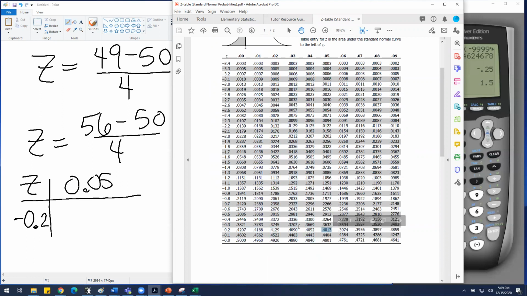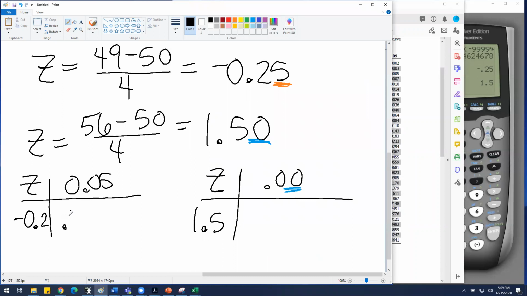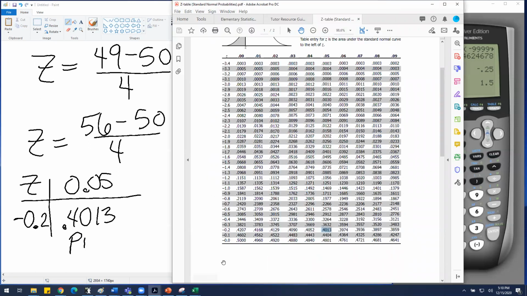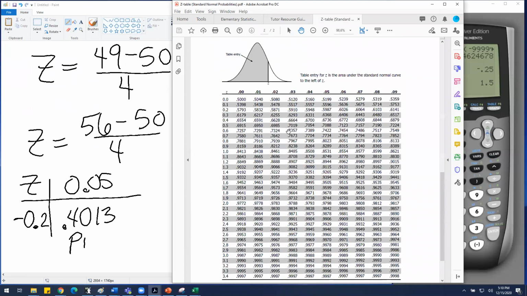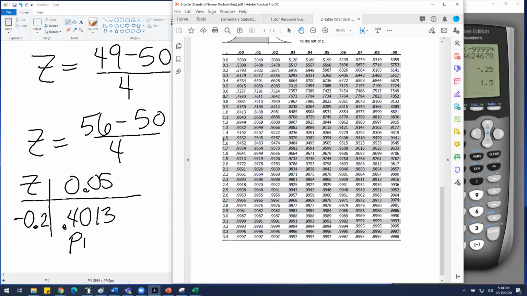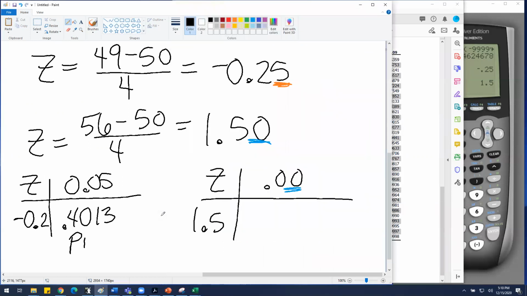So 0.4013 is the first probability. And then 1.50. So go to the positive side. 1.5, column 0. 0.9332. That's our second probability.